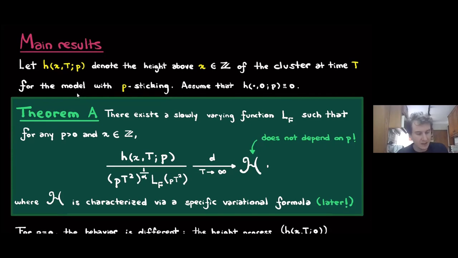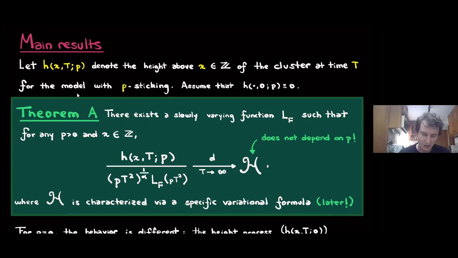The first theorem says that there exists a slowly varying function L, which depends on the distribution function of these heights. It's not the same L as before, it's related, but it's not the same one.